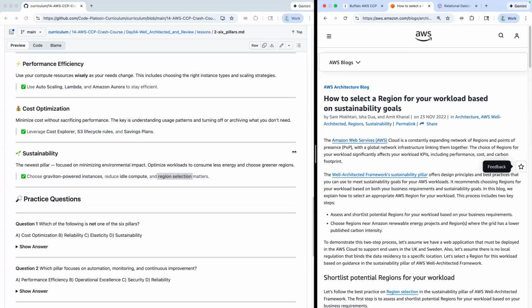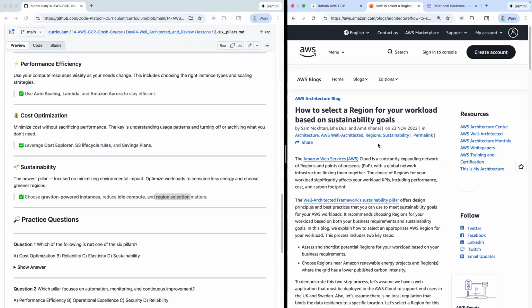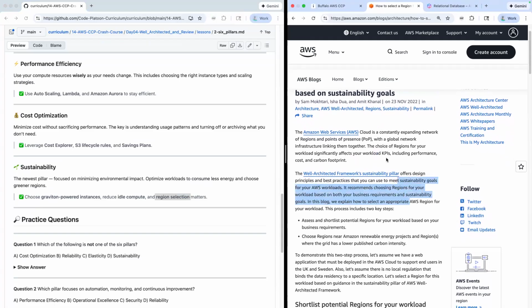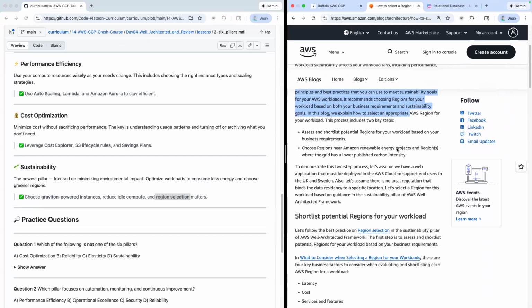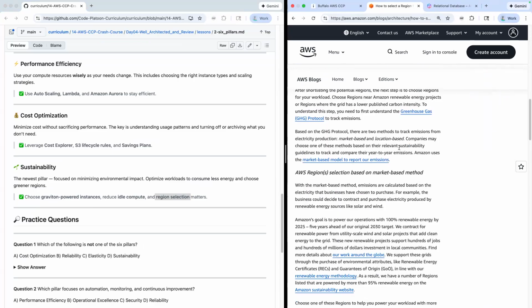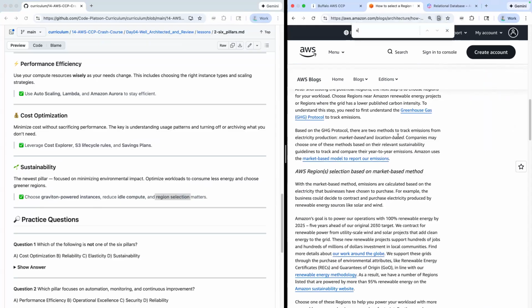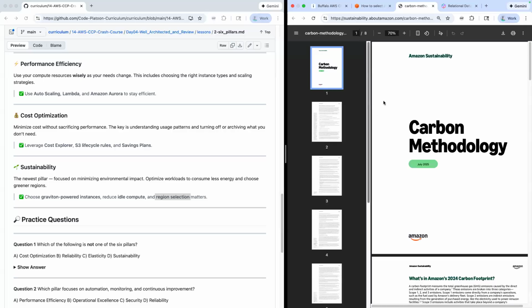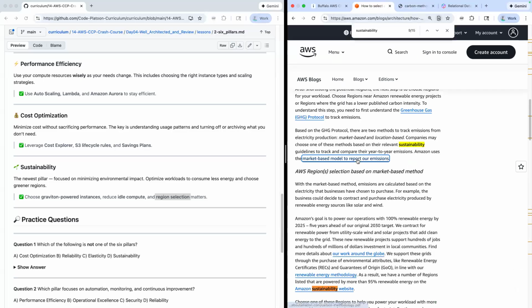So some AWS regions, and note that they're talking about the well-architected framework here. Let's see if they talk about sustainability. I was hoping they might have a chart of regions. I don't think they do.